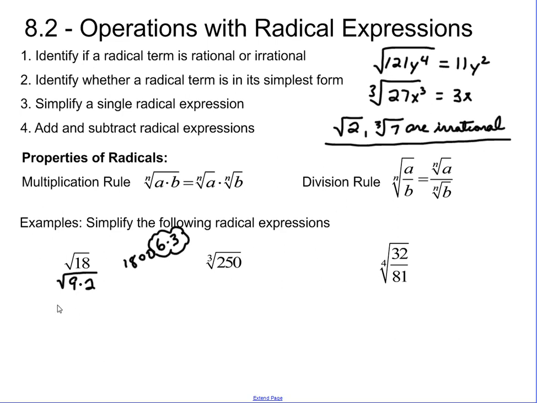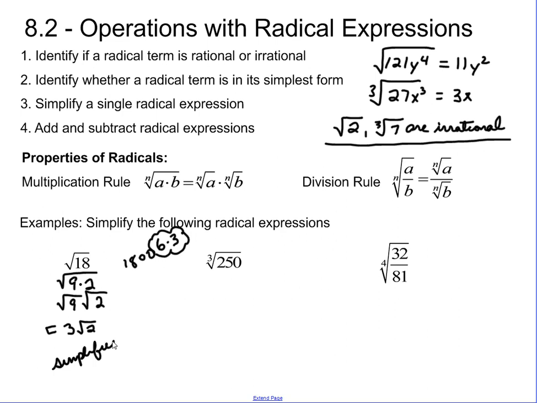So we use our multiplication rule, treat this as the square root of 9 times the square root of 2. And that becomes 3 times the square root of 2. And this is considered the simplified form of this expression.